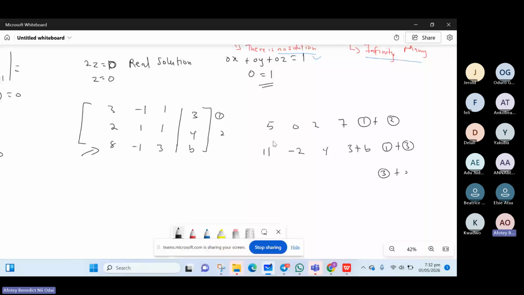That gives us 10, 0, 4, and 3, and 4 plus b. So we've added 2 to equation 1 and also to equation 3.